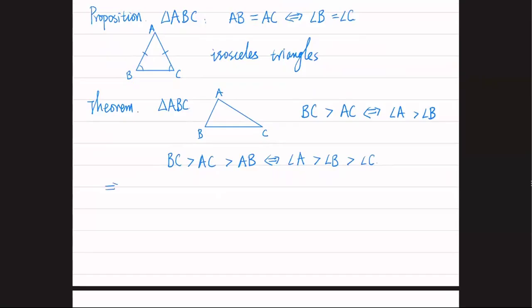This direction, direct proof. But the other direction, proof by contraposition.